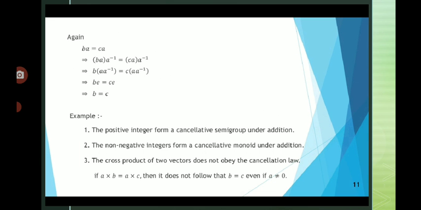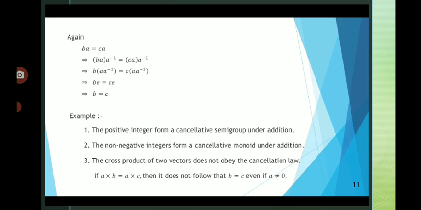Next we prove the right cancellation law. BA is equal to CA, and multiply A inverse from the right side. BA into A inverse is equal to CA into A inverse. Then using the associative property, B into AA inverse equals C into AA inverse.